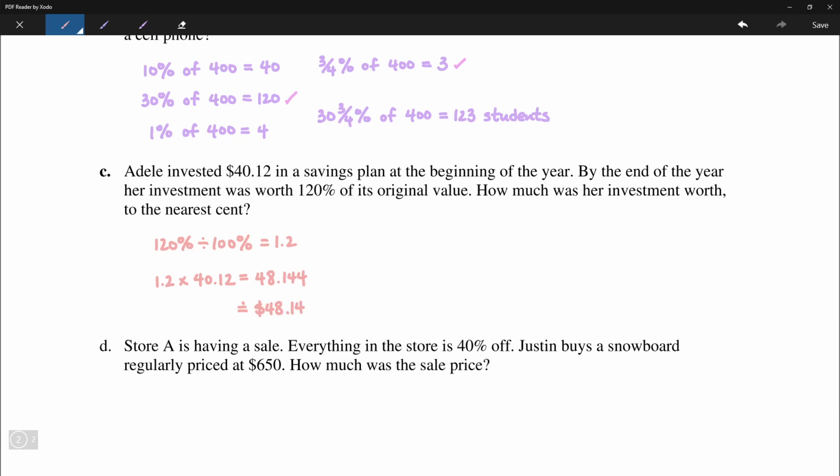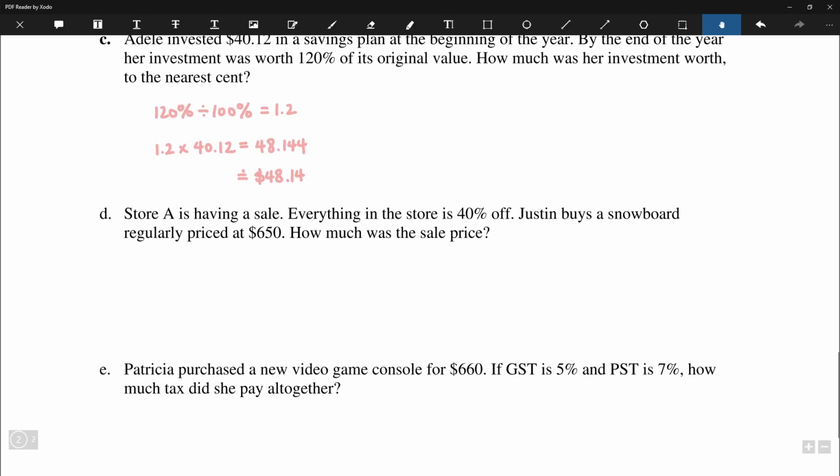Okay, a couple more. Store A is having a sale. Everything in the store is 40% off. So if it is 40% off, then the first thing we need to find out is that we have 100% as the regular price minus 40% off, which means Justin in this case will be paying 60% of the regular price.